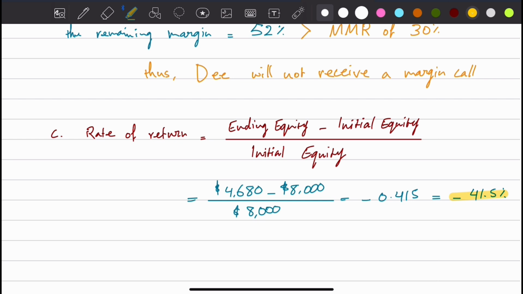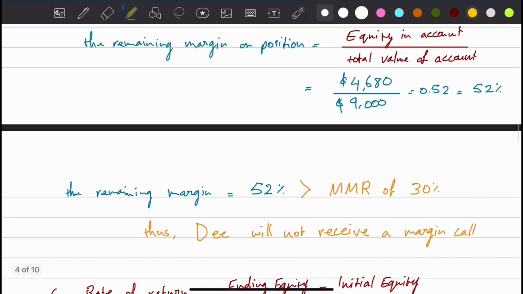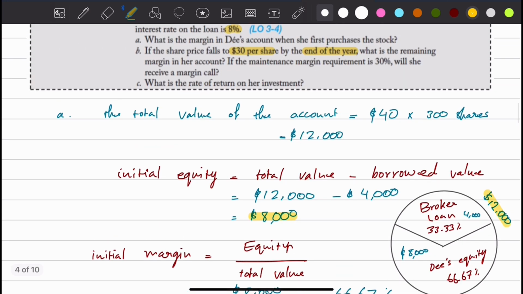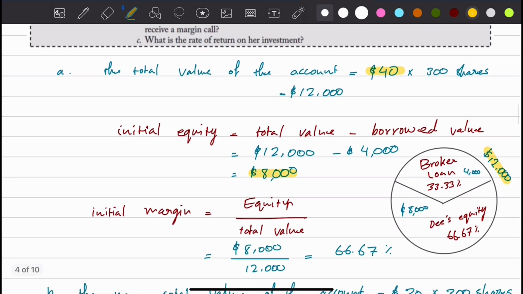Okay? Now just for good measure, just to make sure that you understand, we'll go back here to our graph. Notice how the rate of return was relatively high, even though the drop in price does not represent the same magnitude, right? The reason being is that this is a leveraged account. Okay, so this is investing on margin.